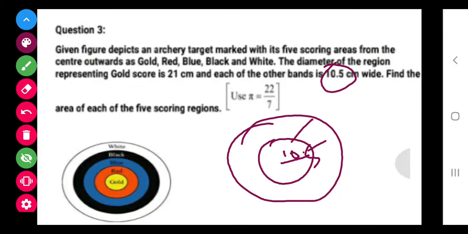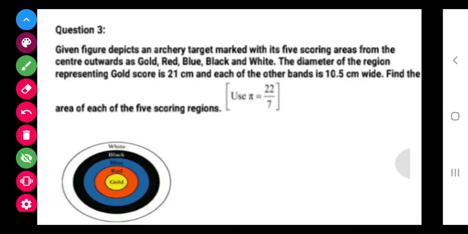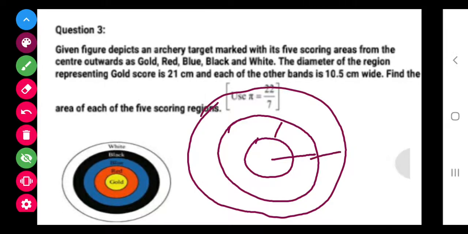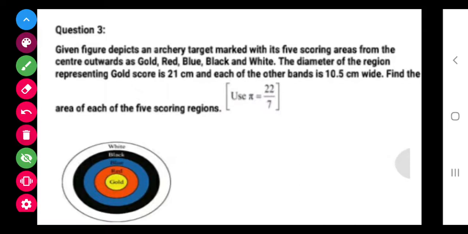So 10.5 plus 10.5, this will be 21. I hope you all are understanding, class. The gold one radius is 10.5 and this width is 10.5, this one. So overall 10.5 plus 10.5, it is 21. Next 10.5 added to this 21, we will get 31.5 and so on.